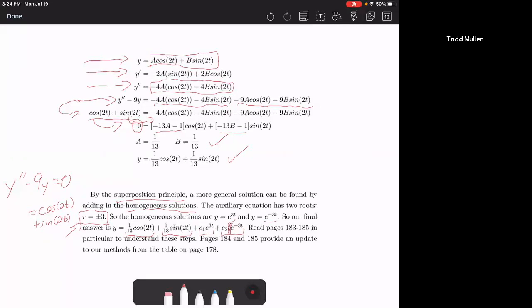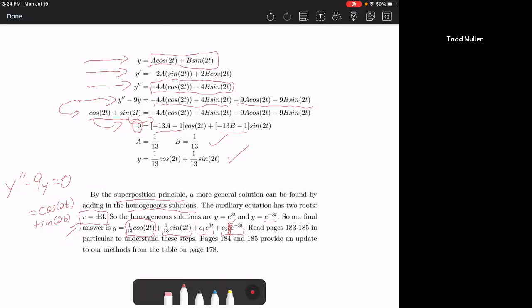There is no t there. It is c1 e to the 3t plus c2 e to the negative 3t. And this is a solution. If you plug in c1 and c2 both equal to 0, well, it's still a solution. If you plug in c1 and c2 both equal to 1,000,000, or one equal to negative 1,000 and the other equal to 2, whatever, they're always going to be solutions.